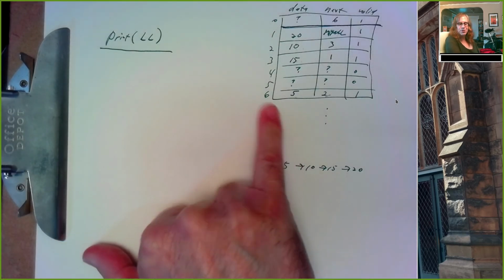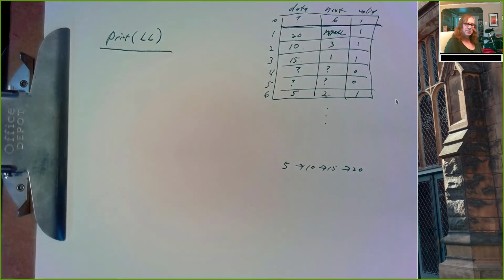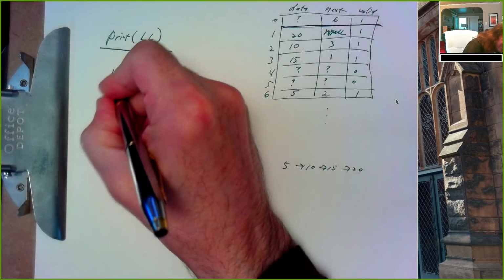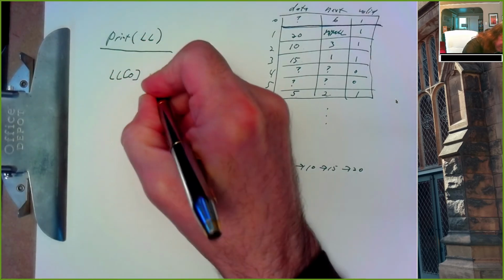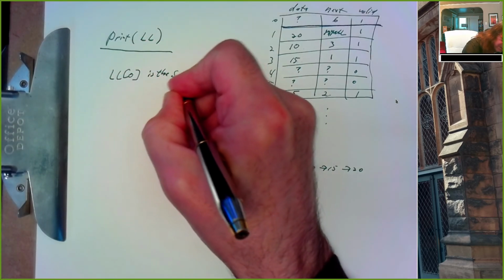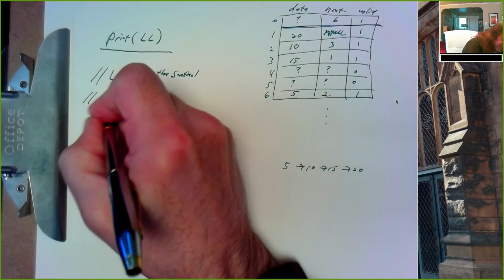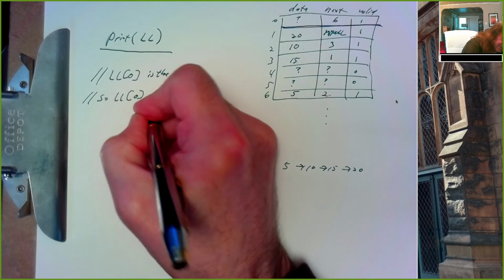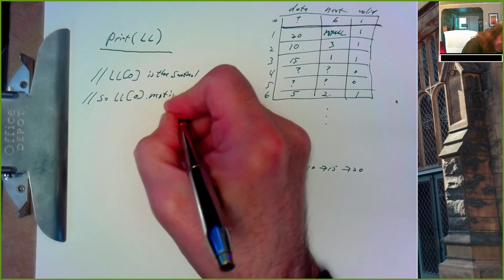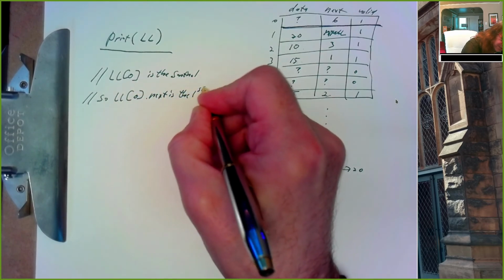How can I write some code that will get me to that index? LL bracket 0 dot next, someone says in chat. That's exactly right. LL bracket 0 is the sentinel. So LL bracket 0 dot next is the first node.